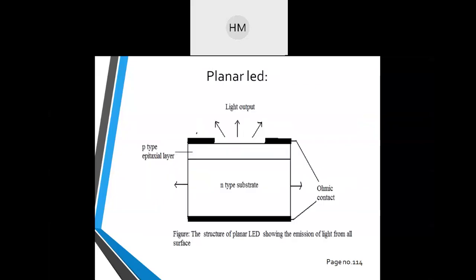The construction of the planar LED is like this. You can draw the diagram. A very basic LED. Finished.